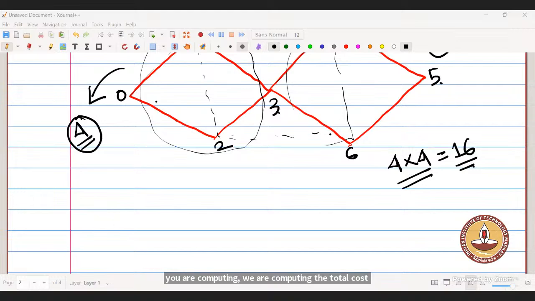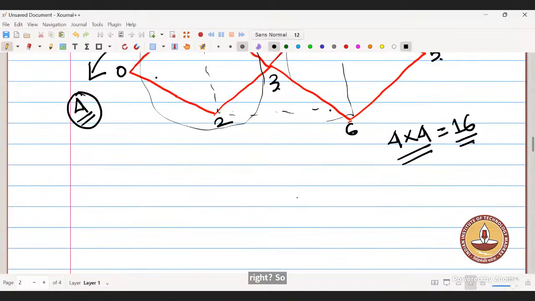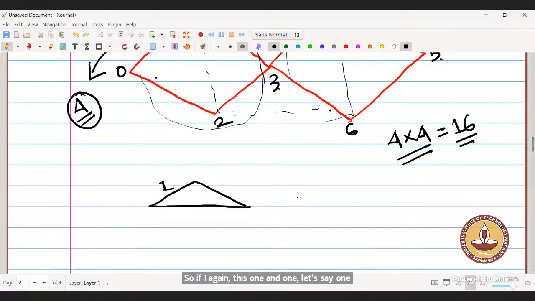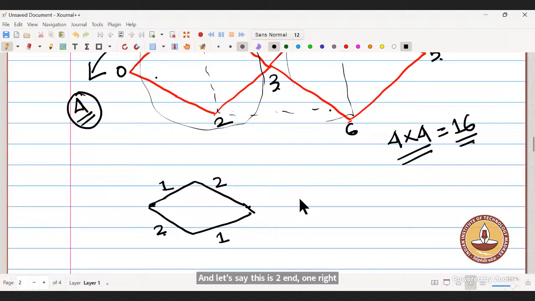For example, if I take this graph, with edge weights 1 and 1, and 2 and 1, I have 2 paths. The path, the sequence, can be different.